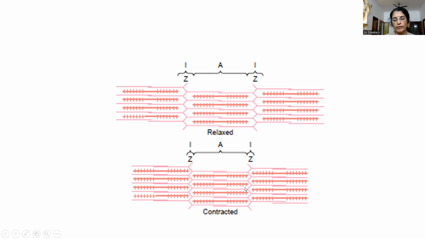The length of the myosin filament is the same, but in the relaxed state the ends of the actin filaments just begin to overlap, whereas here they are overlapped and the actin filaments come closer. The Z filaments come closer to the myosin filament. The length of the actin filament decreased and the sarcomere length is decreased.